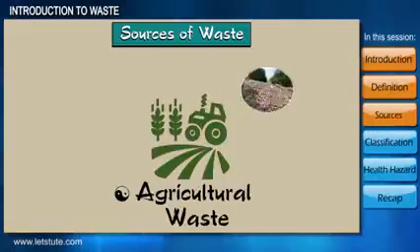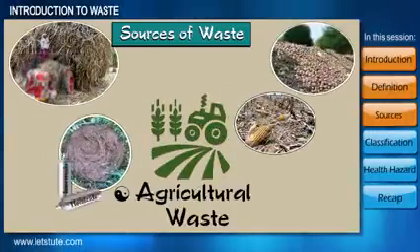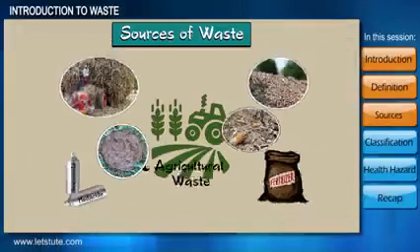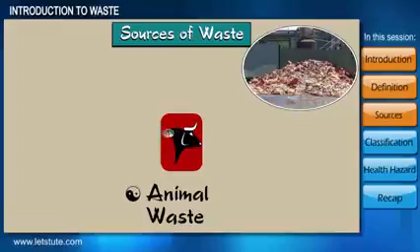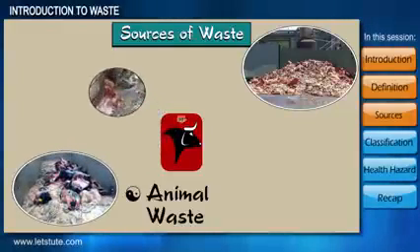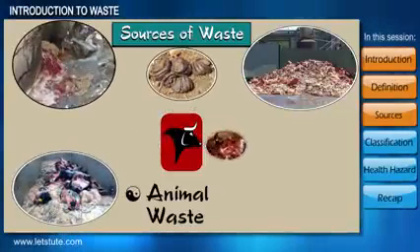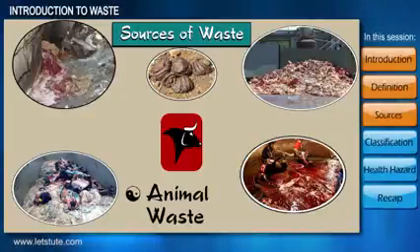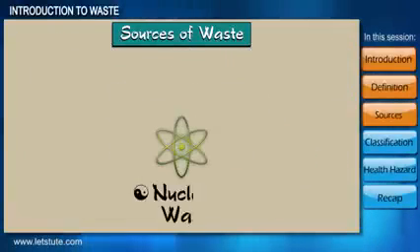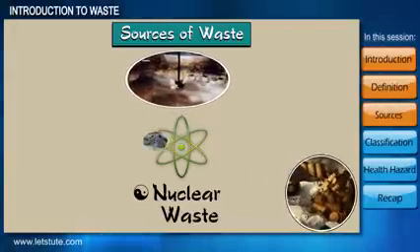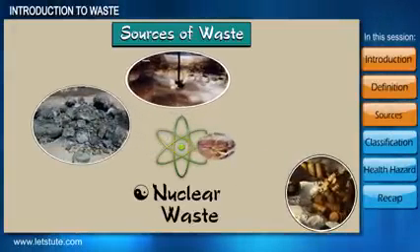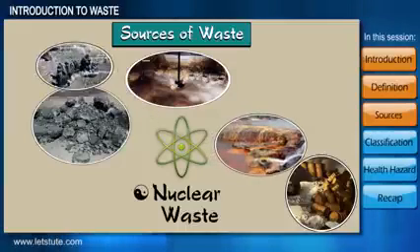Agricultural activities generate different waste products. Animal waste includes animal waste products associated with agriculture and also the waste from slaughterhouses. Nuclear waste: the waste products of nuclear power plants include radioactive minerals and metals.